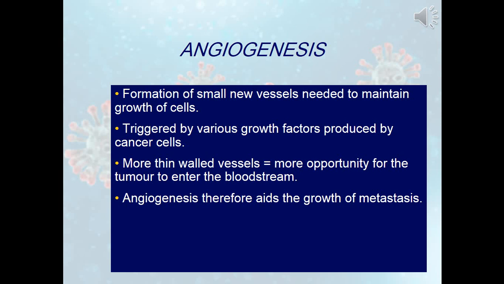When more thin-walled blood vessels are formed at the site of metastasis, this gives more opportunity for the tumor cells to enter the bloodstream, and therefore angiogenesis can be regarded as a vital process to aid the growth of metastasis.